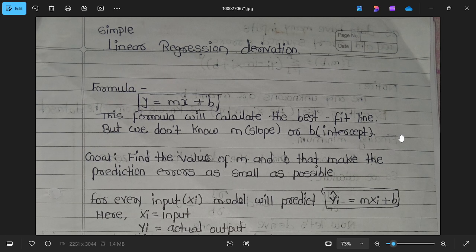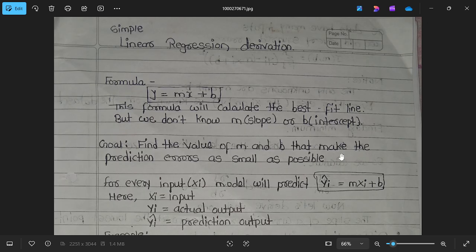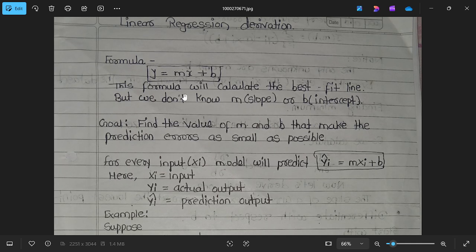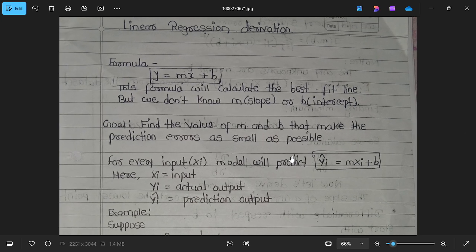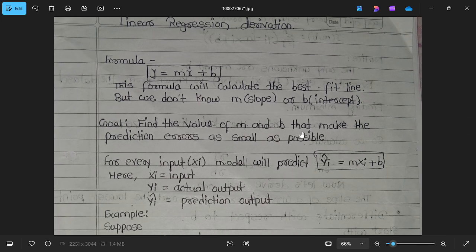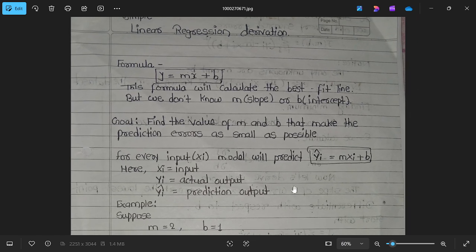This is the formula to calculate the best fit line, but we don't know what the m and the b are, and these are the main values we want to calculate the best fit line. Our goal is to find the values of m and b that make the prediction error as small as possible.